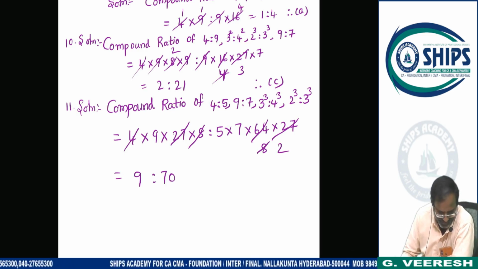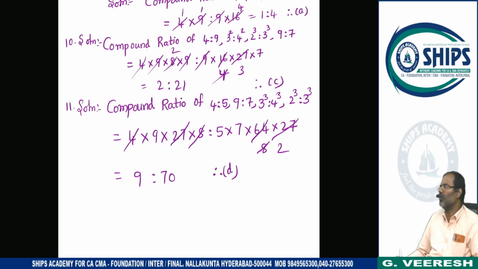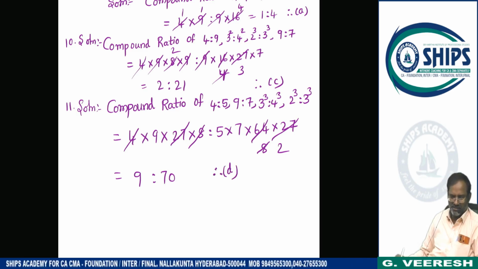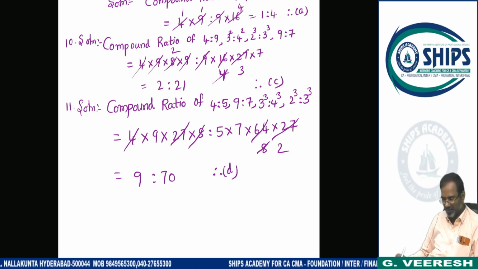So 9 is to 70 means which option? D option it is. So only 1-2 questions somewhat changed from the old book to new book. Clear? Almost 99% same only. So this one it is changed. In that way also you can do that old question. So this is a new book one.